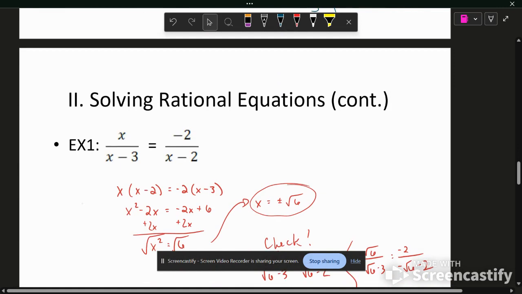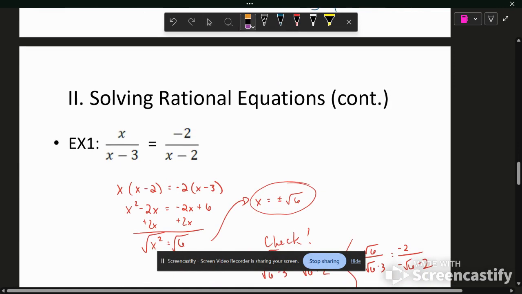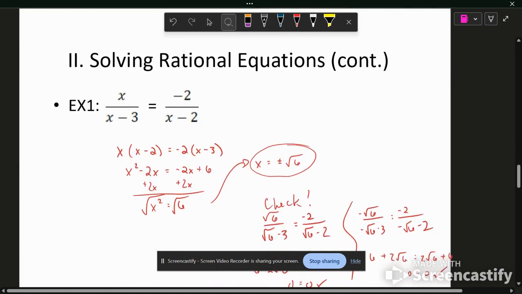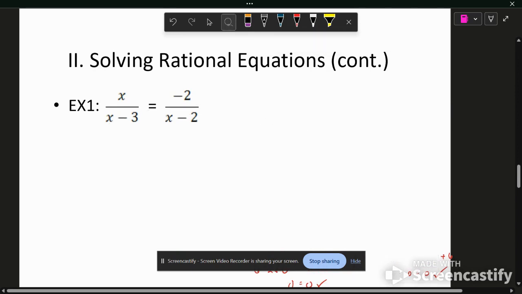Let's take a look at this first one. Looks like I've got some of the work already done here. We've got x over x minus 3 is equal to negative 2 over x minus 2. Are the denominators the same? No. So we want to cross multiply.